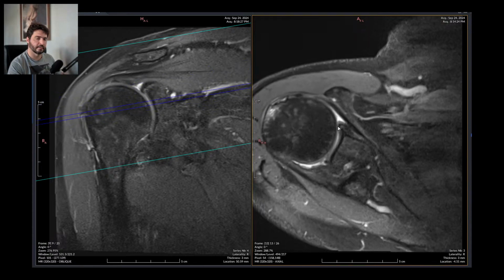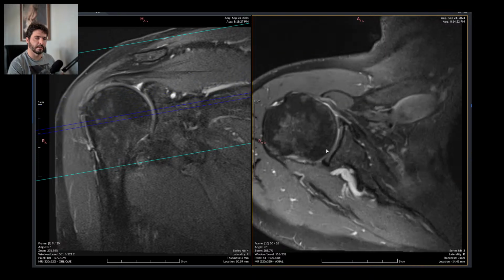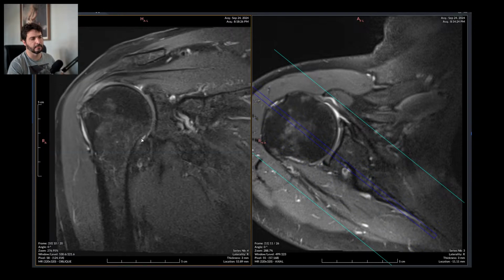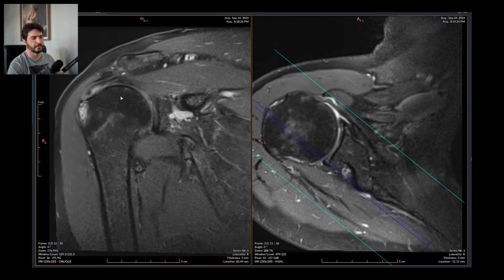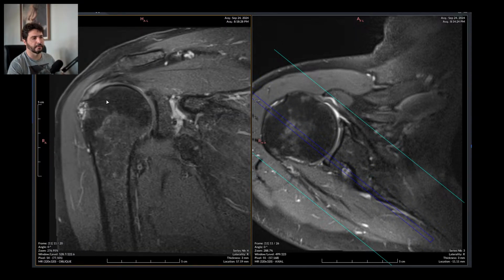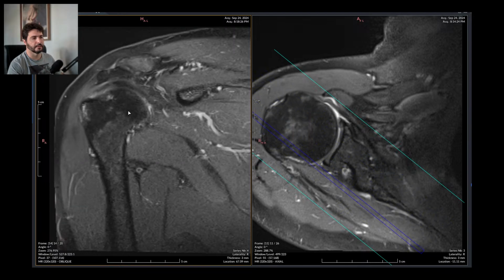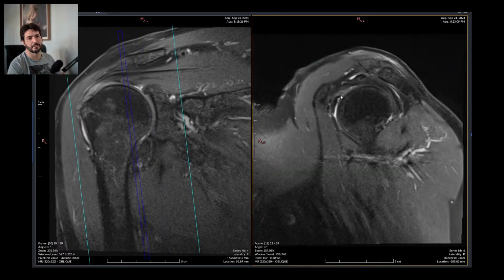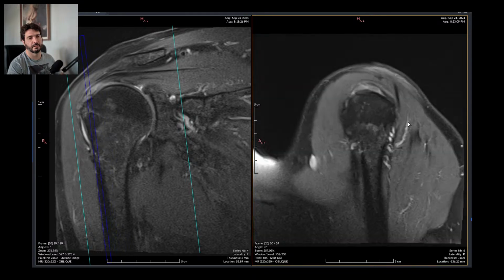So there's some degenerative disease of the superior and anterior glenoid labrum right there, some bone edema, no effusion, but there is a clear liquid distension of the subacromial subdeltoid bursa right there. There is a really severe tendinosis or tendinitis of the supraspinatus right there.